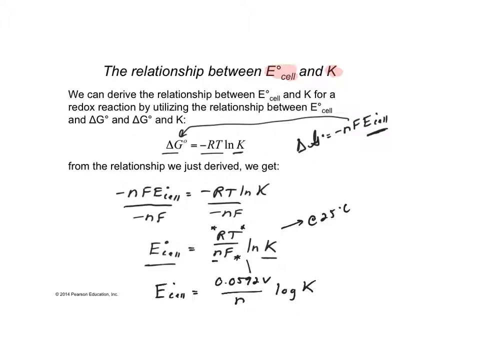They just essentially translate into one another. This is specifically at 25 degrees Celsius, whereas the other relationship is at any temperature. And I tend to prefer this relationship better because it's not that hard to remember, but this is a little bit easier to remember overall. It's up to you.